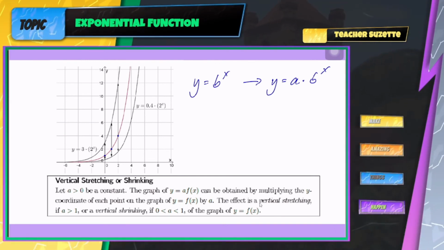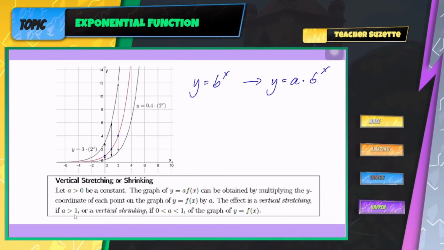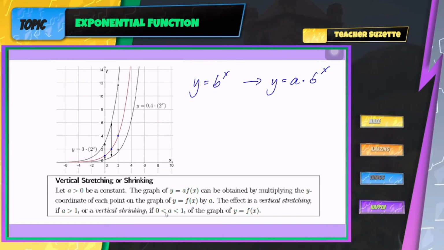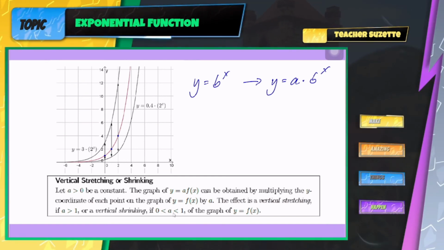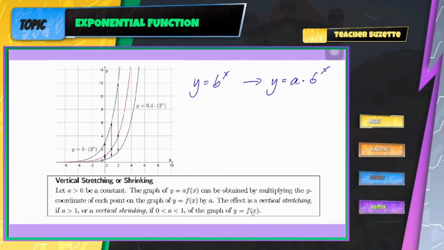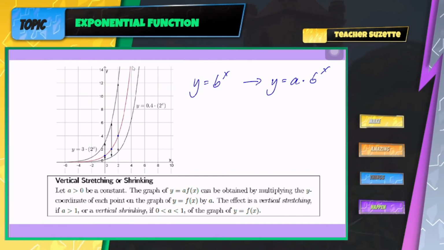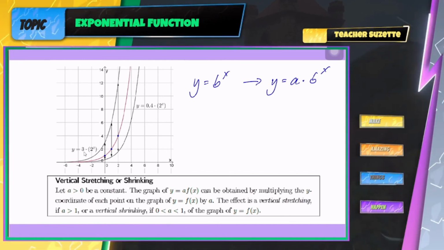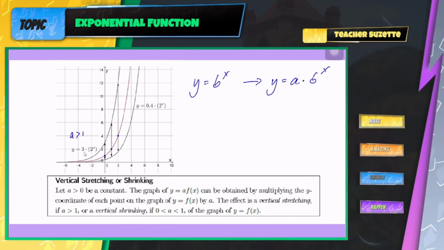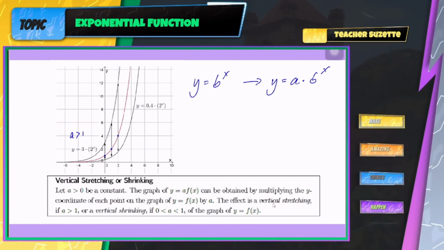So this effect is vertical stretching or shrinking. The effect is a vertical stretching if your a is greater than 1. And nagkakaroon naman siya ng vertical shrinking when your a is between 0 and 1 for the graph of y is equal to f of x. So with respect to our graph y is equal to f of x, when our a, for this case, is greater than 1, or 3 greater than 1, nagkaroon siya ng tinatawag nating vertical stretching.